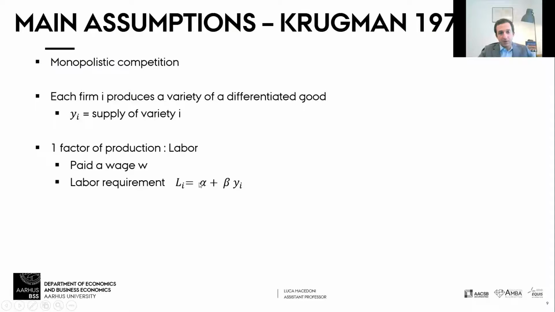You need alpha workers whether you produce 0 units of output or 1 million of them. Okay, so alpha represents a fixed cost. You can think of this fixed cost in very general terms, because you can think of this as an R&D cost. You can think of this as a fixed cost of production, you know, the setting up of a factory, and so on and so forth.